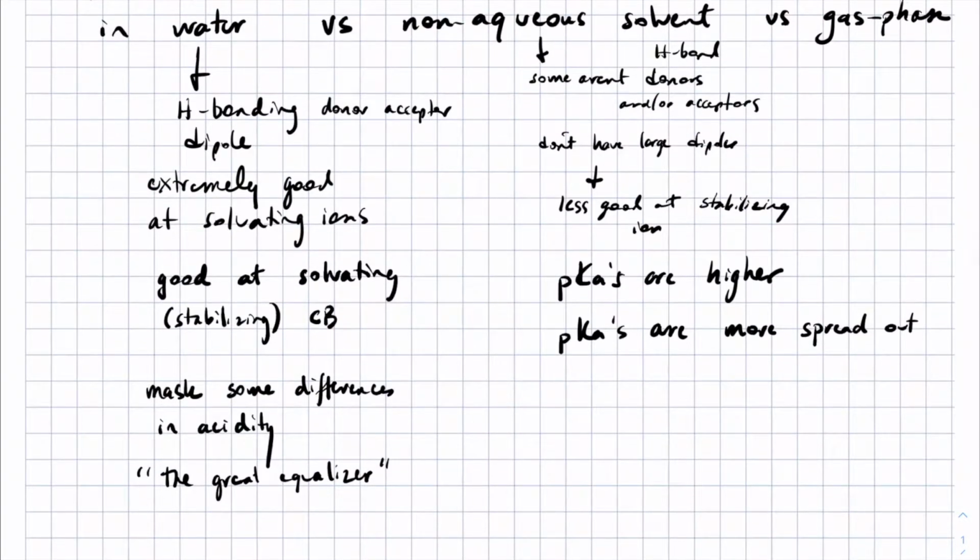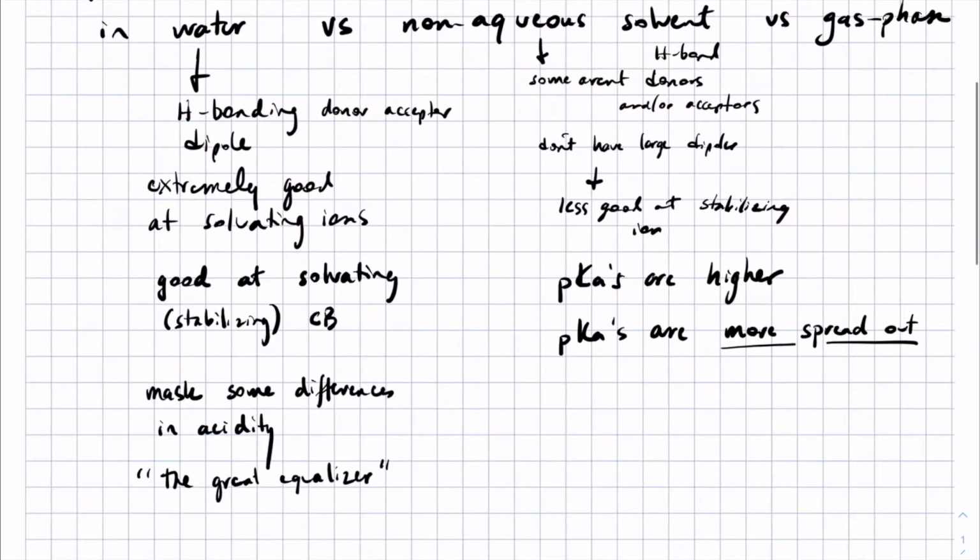Whereas in organic solvent and in the gas phase, you're going to get pKa's that represent perhaps more the intrinsic stability of the conjugate base or the intrinsic acidity of the acid. I guess I will mention, and this is a 351 thing, that in most cases as we talk about acidity, we're going to be thinking about the stability of the conjugate base.